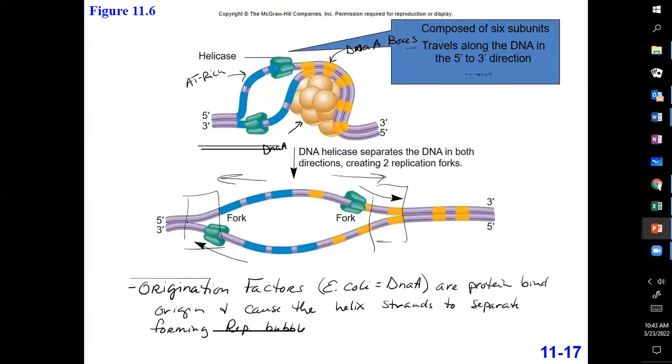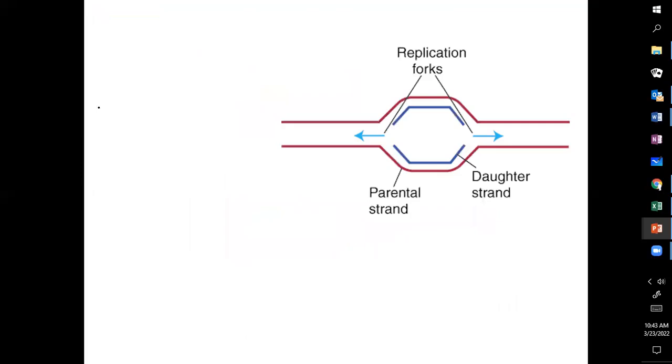I think I've got an easier picture to look at on this next one. Here we go. So the replication fork is where the single-stranded DNA and the double-stranded helix meet. These are standard shorthands for single-stranded DNA and double-stranded DNA.